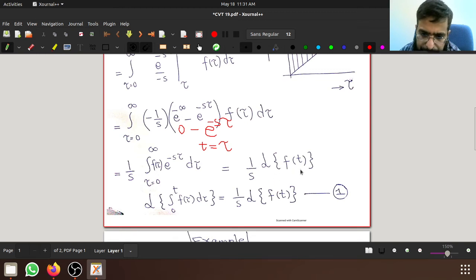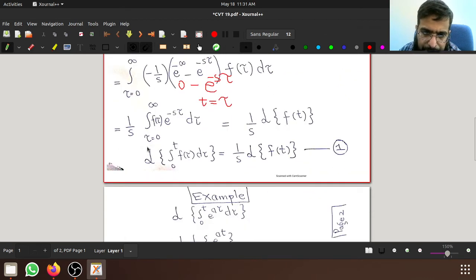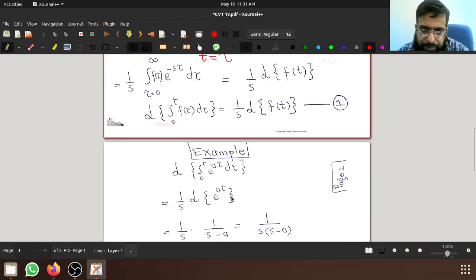So this is 1 over s Laplace of f of t. So we reach the conclusion that the Laplace transform of the integral of a function f of t is 1 over s times the Laplace transform of the function, right? So if you are asked to calculate the Laplace transform of the integral of a function, we have the Laplace transform of the function itself multiplied by 1 over s. That's a very important result, right?